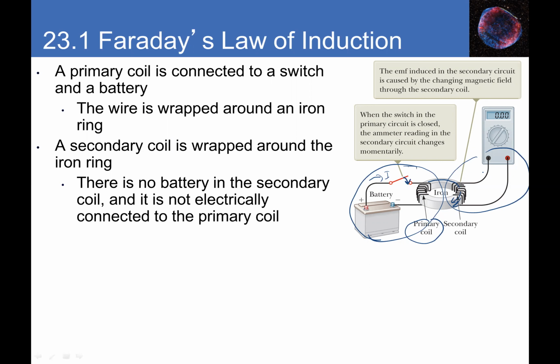Again, there is no battery in the secondary coil, and it is not electrically connected to the primary coil. You are only connecting them in a way that the magnetic field generated by the primary coil will be going through the center of the secondary coil.